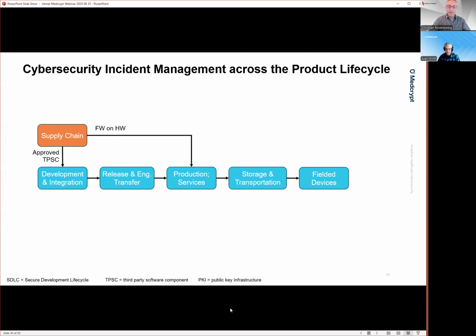So there's one unique aspect we need to consider, and then the other one is that more and more medical device manufacturers are now offering external services, be it for the purpose of remote maintenance, be it for clinical or other services that support their customers and their devices.